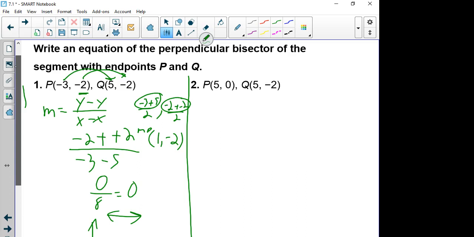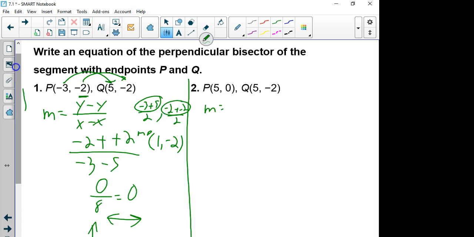Now over here, I do the same thing again. M equals 0 minus negative 2, which becomes a plus, and 5 minus 5. These are both special lines. This is going to lead us to 2 over 0. That is a vertical line, which means the perpendicular bisector is going to be a horizontal line, which has an equation of y equals a number.